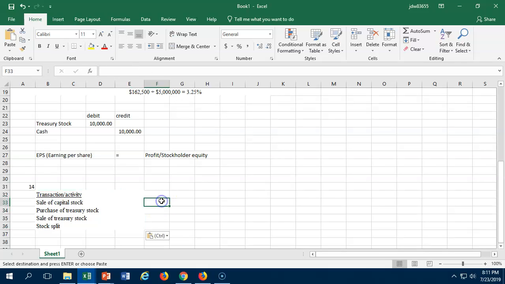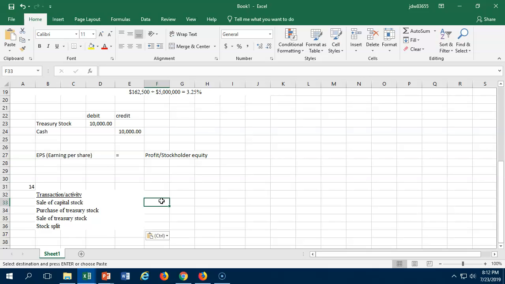Okay, so what we're talking about is what's going to affect the additional paid-in capital. That's part of the equity part of the balance sheet. First, a sale of capital stock. Would that increase or decrease additional paid-in capital? Increase, yeah.